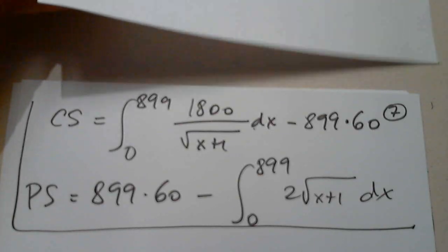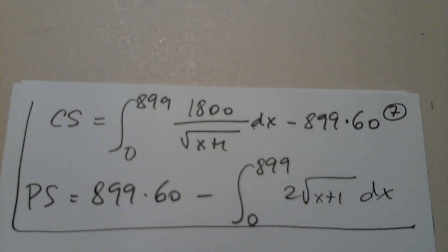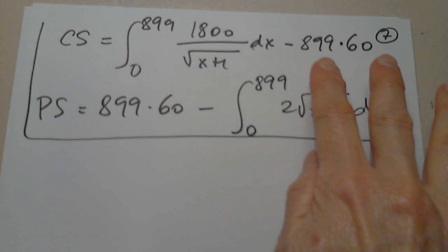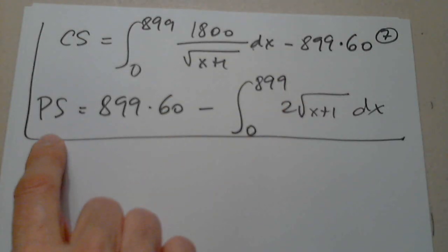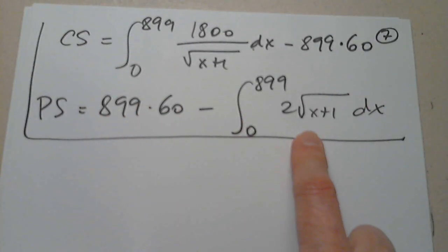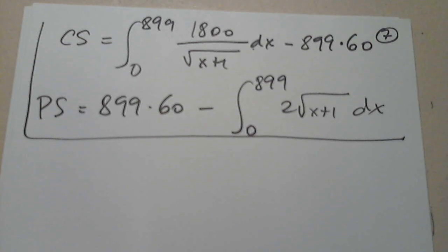The consumer surplus is the integral from 0 to 899, the x coordinate of the equilibrium point, minus the area. But for the producer surplus, from the area I subtract what is under the supply function. Again, let me show you on the graph so you remember them.